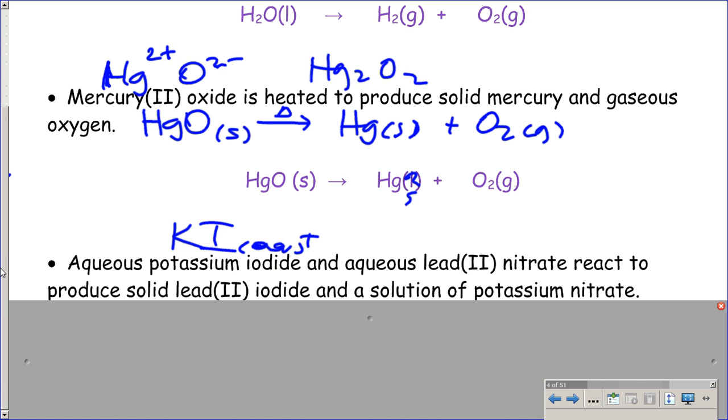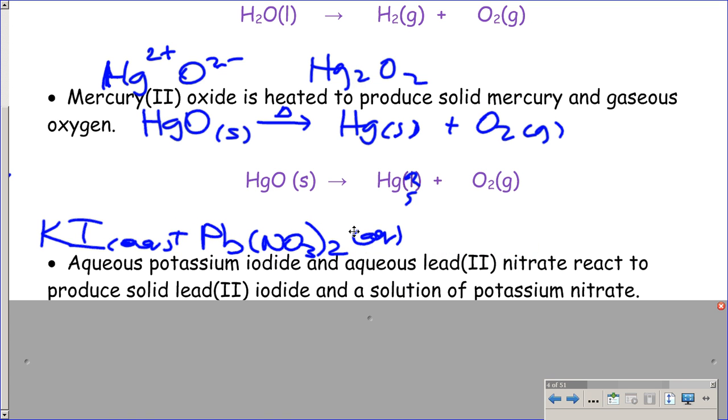KI plus Pb. Pb is lead 2 nitrate though. Yeah, NO3. Okay, and thank you, aqueous. Oops, I should have written this over to the side. So let me scooch this over. All right, Aaron, pick up from here.